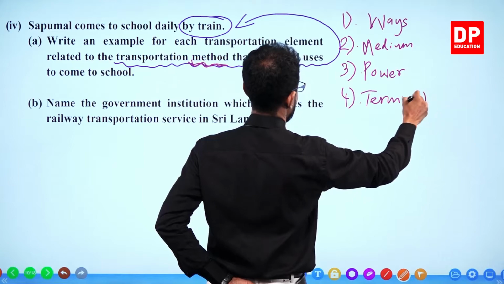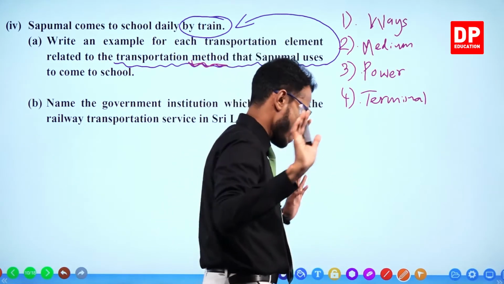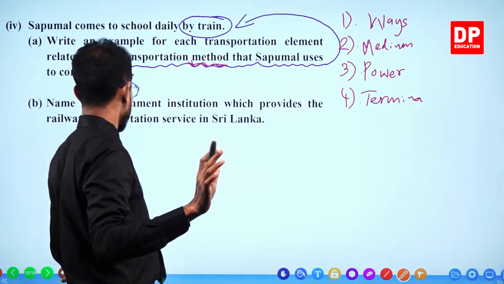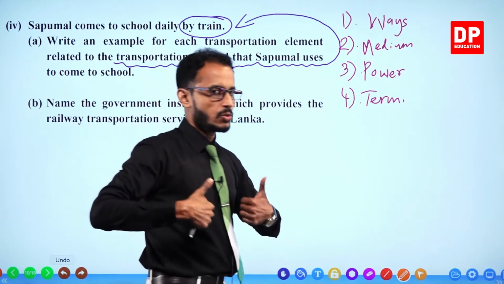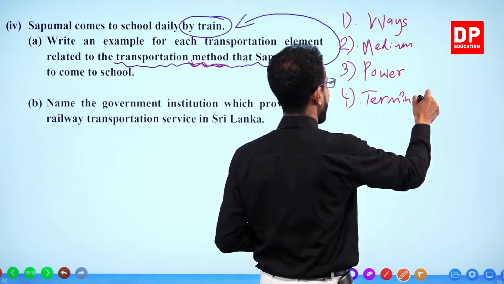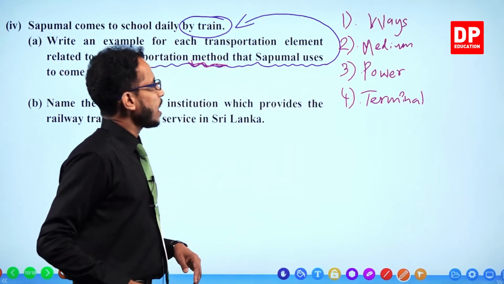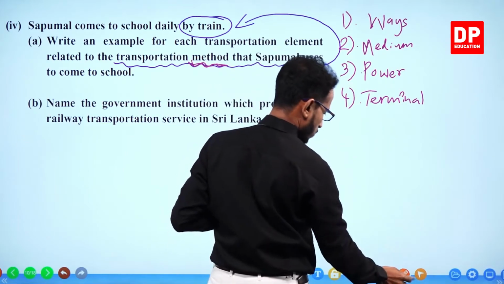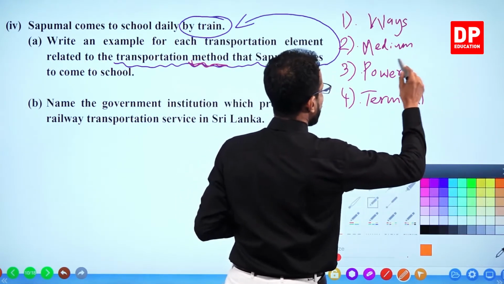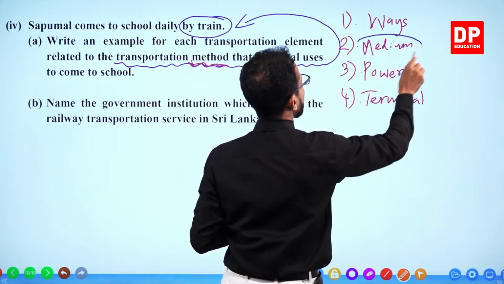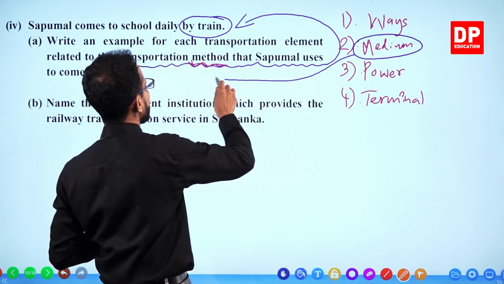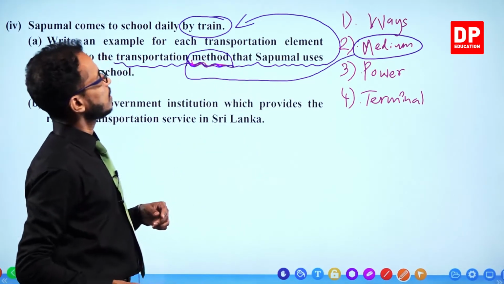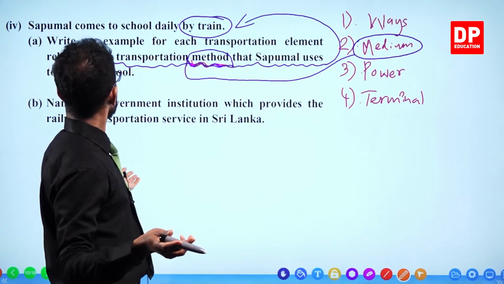All right. I hear you. Okay. No problem. You remember these things. Okay, I accept. Terminal. Okay. Now they are asking for this method or for this medium. What are the other transportation elements?